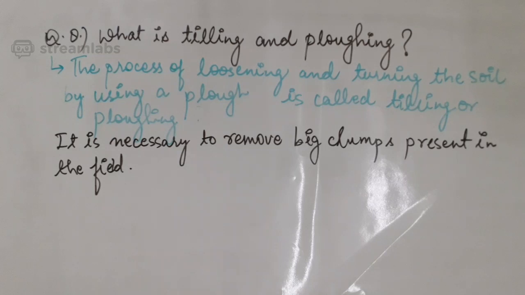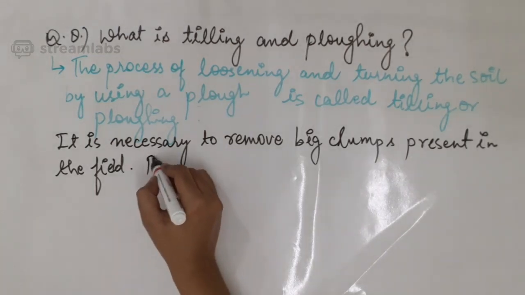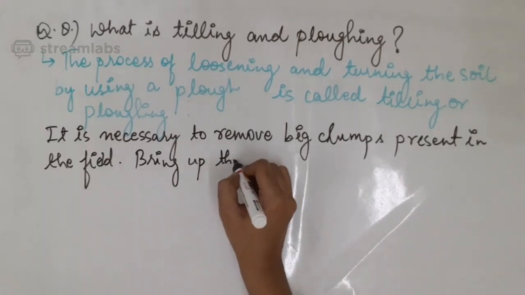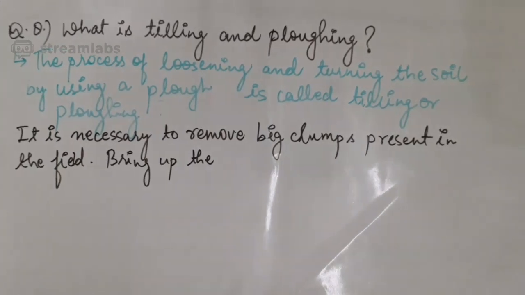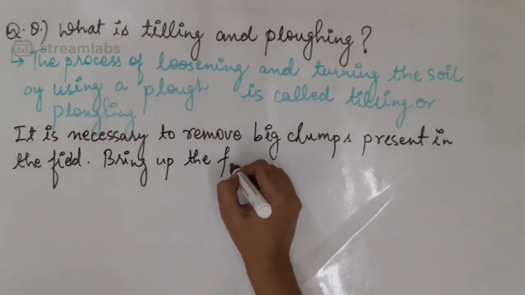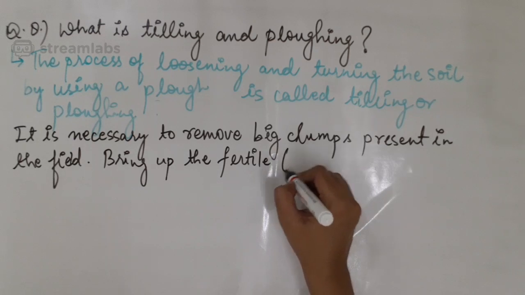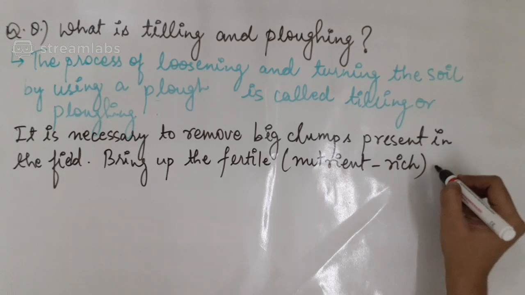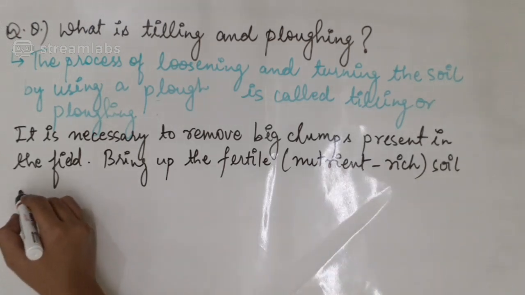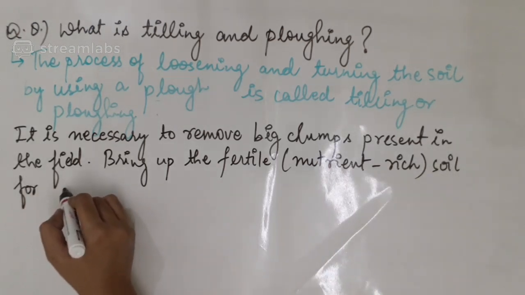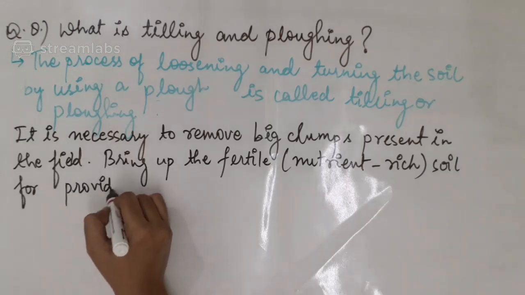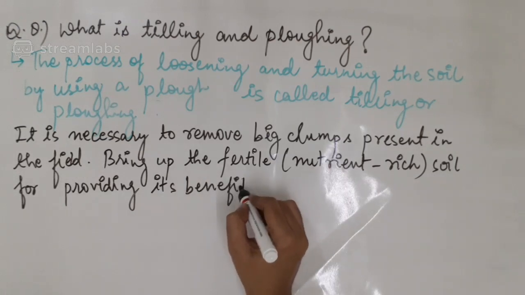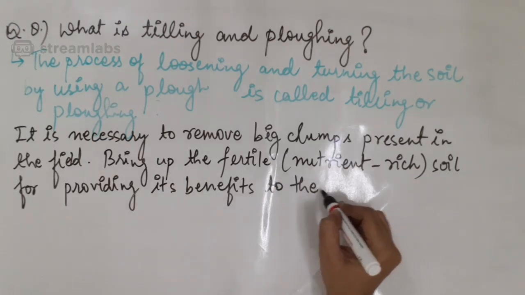Tilling and plowing brings up the fertile or nutrient rich soil for providing its benefits to the plant.